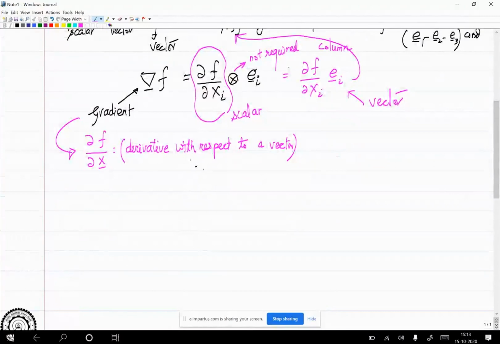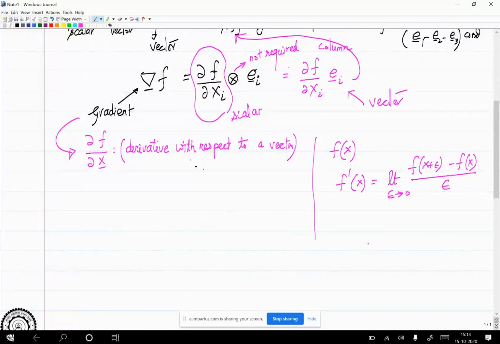For example, how do I take the derivative with respect to a scalar? If f is a function of x, a scalar variable, then f prime, if you recall the fundamental theorem of calculus, is the limit as epsilon tends to 0 of f of x plus epsilon minus f of x, divided by epsilon.